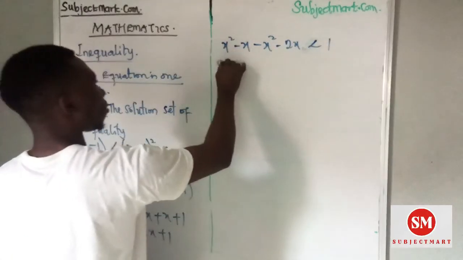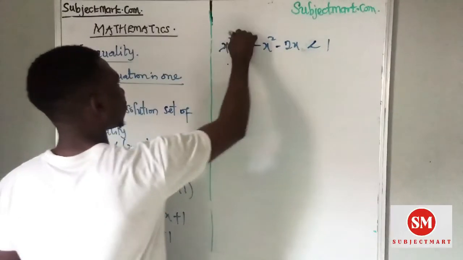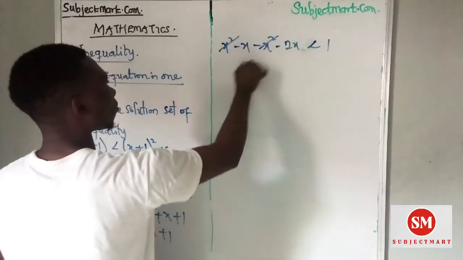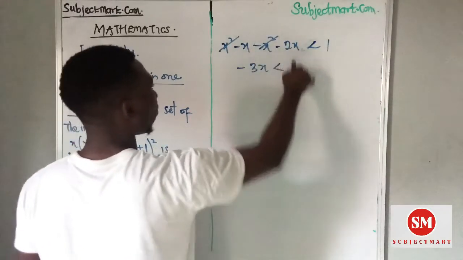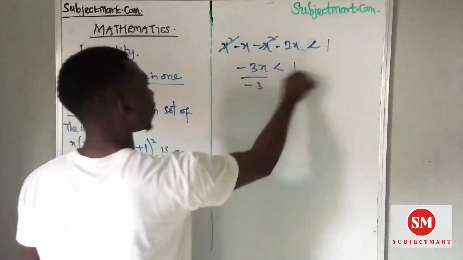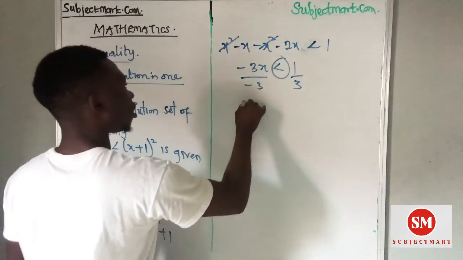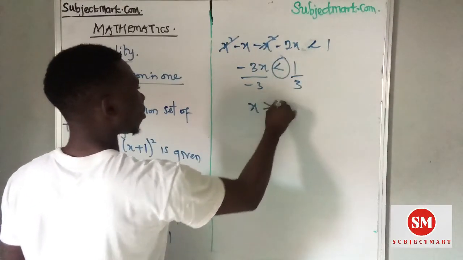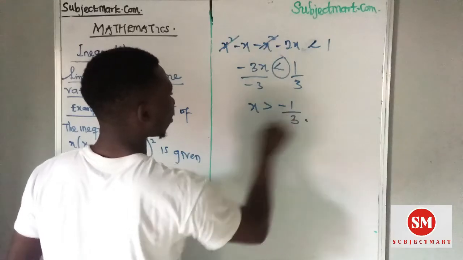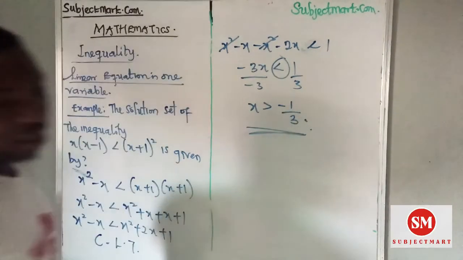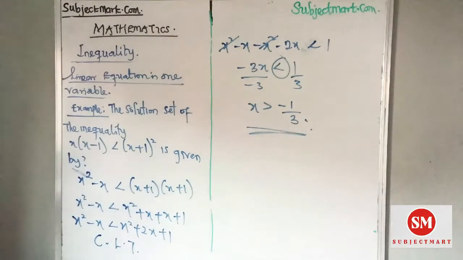This cancels this, so this is now minus 3x is less than 1. Divide both sides by minus 3. Now what happens to the sign? The sign has to change. This becomes x is now less than minus 1 over 3. This is your final answer to this particular inequality.